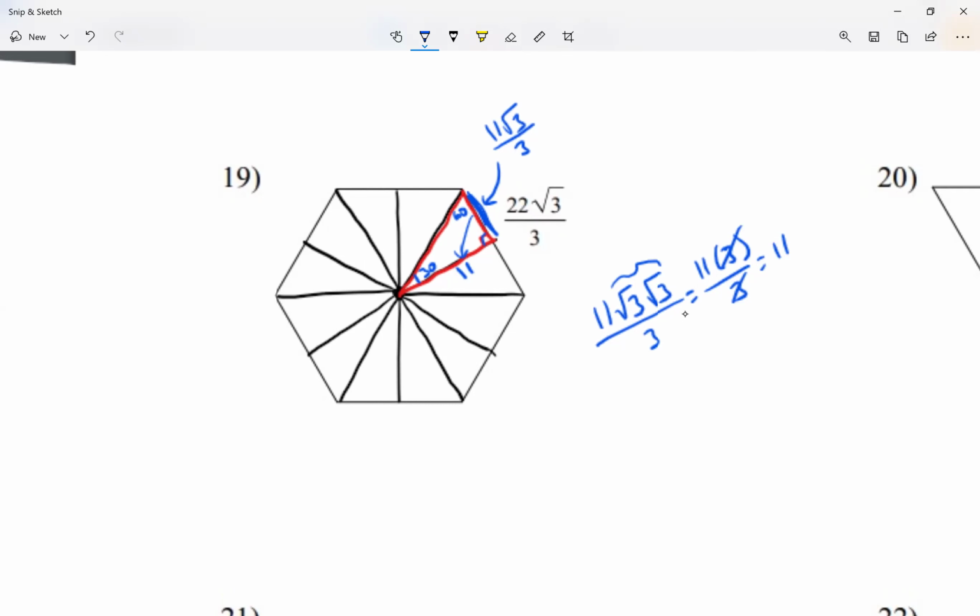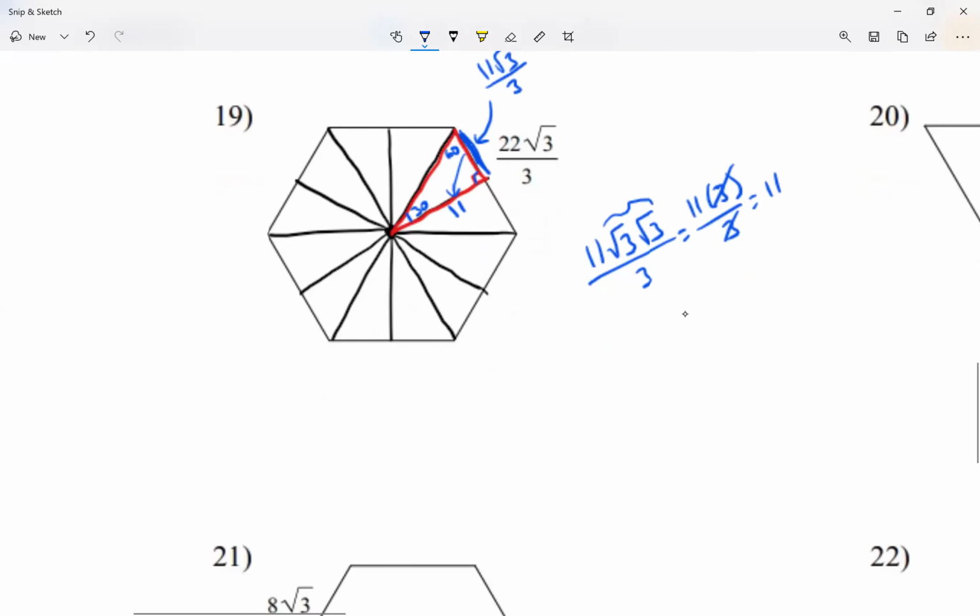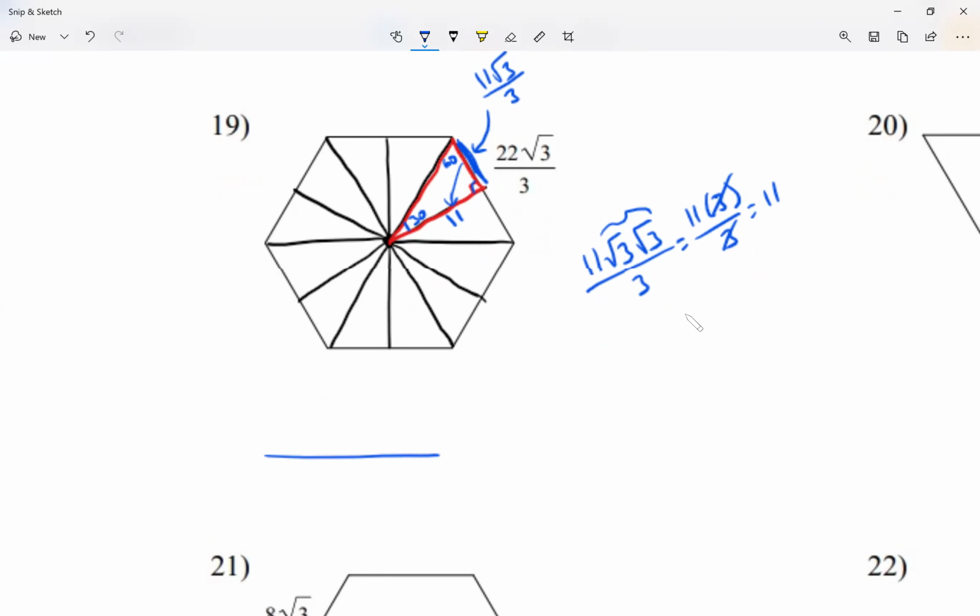So if I wanted to know the area of the red triangle, what do I do? Well, Mr. Leonzo, you will do a fraction here, and you will multiply the two numbers that make the 90-degree angle. I used the idea of special right triangles to be able to find a second side.